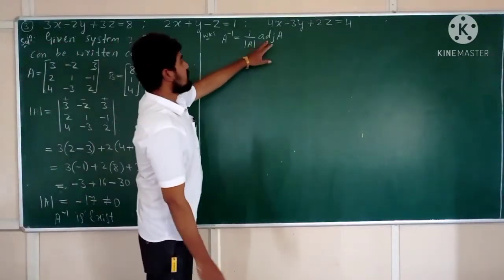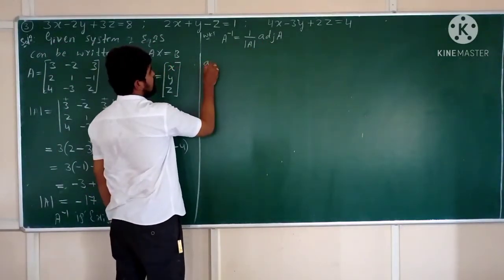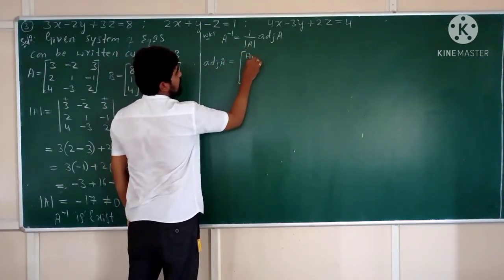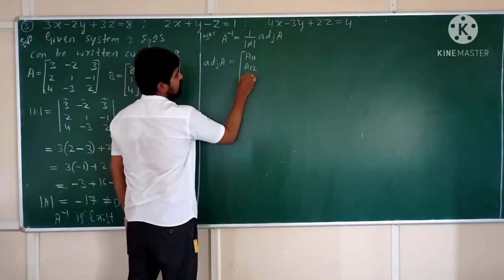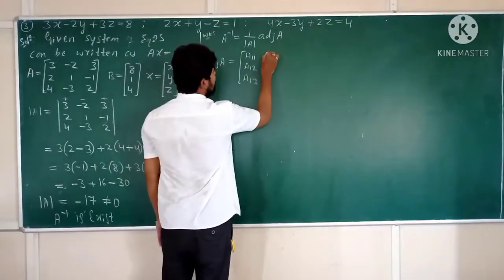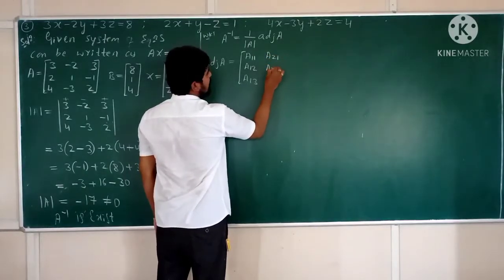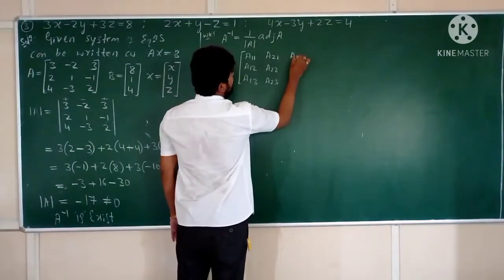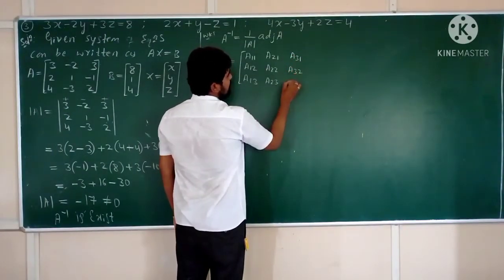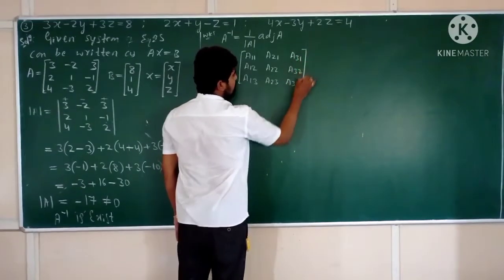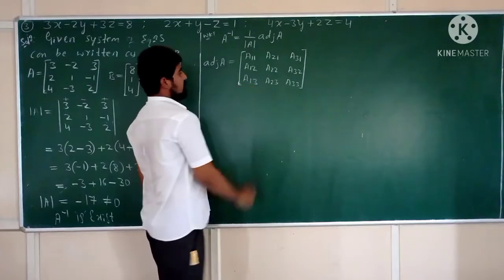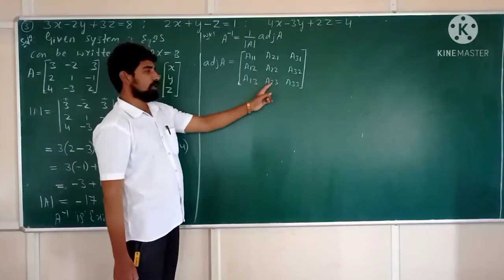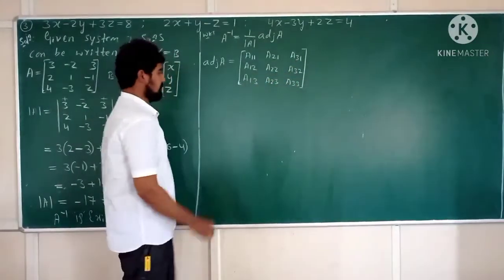Now we need to find the adjoint of the matrix A, which is given by the first column A11, A12, A13, the second column A21, A22 and A23, and the third column A31, A32 and A33.